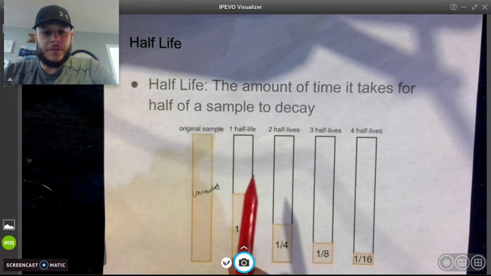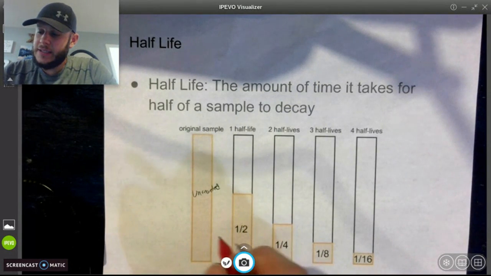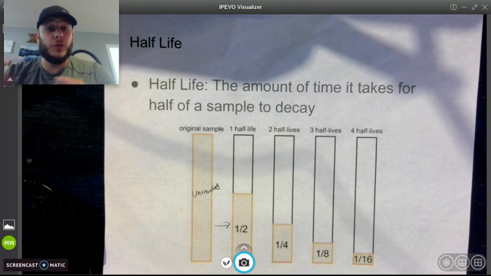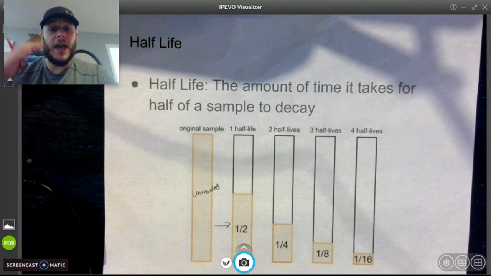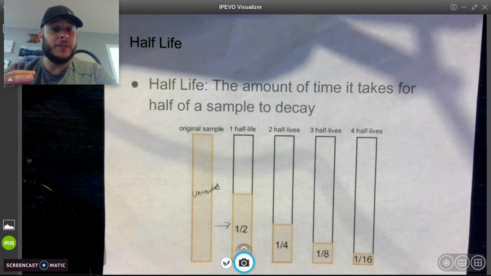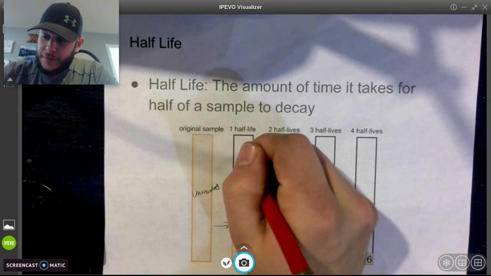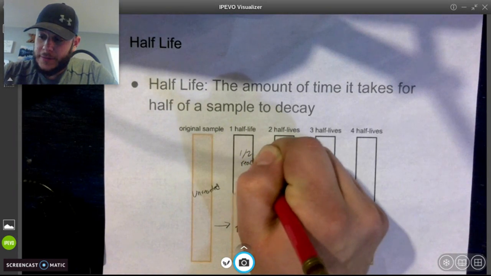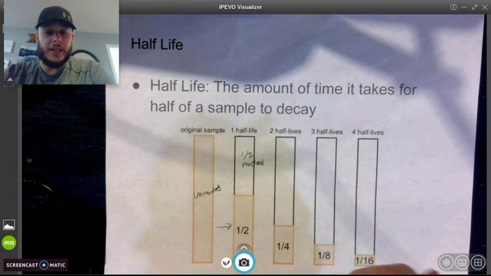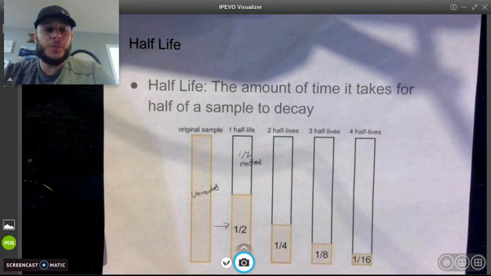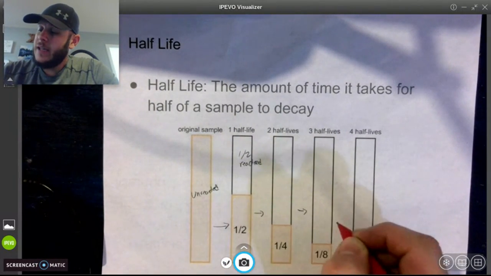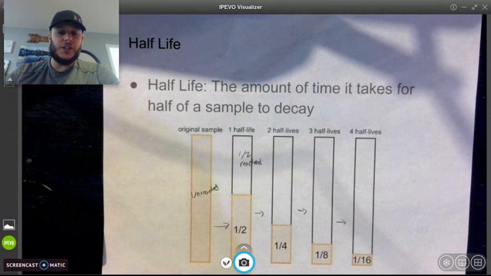One half-life is the amount of time it takes to go from a full sample being unreacted to half of the sample being unreacted, or half of the sample being reacted, right? So you have half reacted and half unreacted. This process doesn't just stop. It just keeps halving and halving and halving as each half-life period occurs.